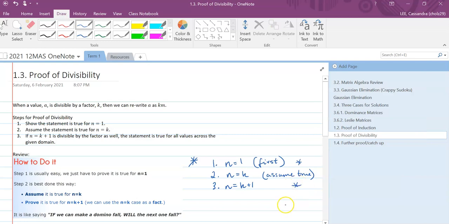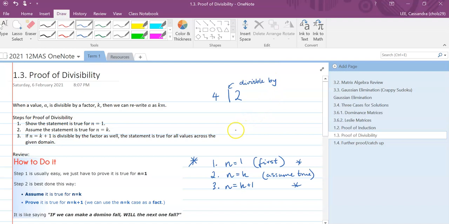Alright, so specifically when we're looking at divisibility, there's a couple of different notations that we need to know before we jump into a question. If I wanted to say that something was divisible by something else, let's say we had 4, we can write 4 is divisible by 2. This line here just means that it is divisible by, okay?